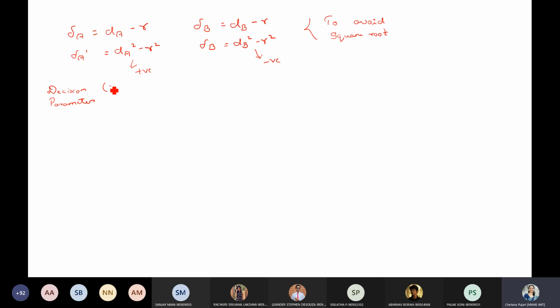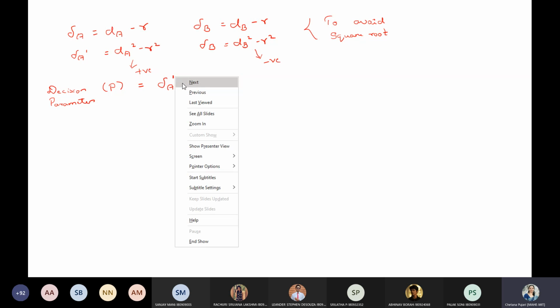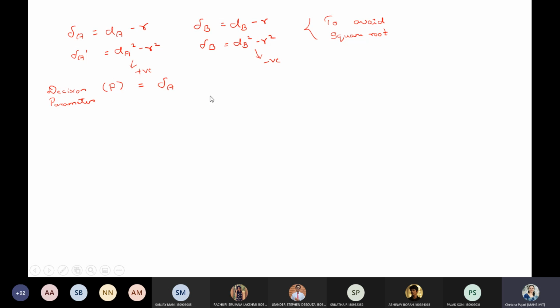Our decision parameter, which we are representing as P, will be equal to delta A naught plus delta B naught. This is a positive and this is a negative value. So we are doing these two additions in order to calculate your decision parameter.